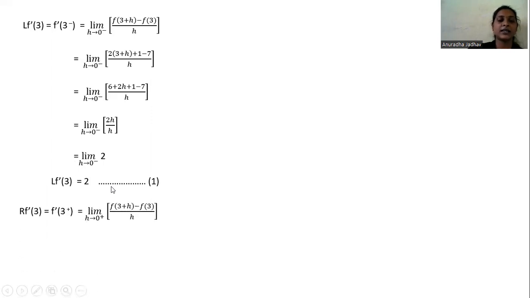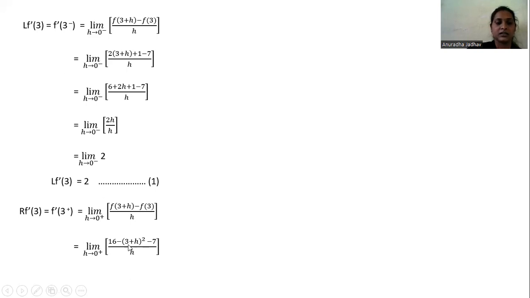Also find the right hand side derivative, that is, f dash of 3 plus, that is, limit as h tends to 0 plus f of 3 plus h minus f of 3 divided by h. For the right hand side limit, we use the function 16 minus x square, that is, limit as h tends to 0 plus 16 minus, then x is replaced by 3 plus h.